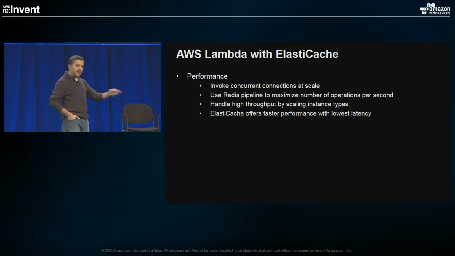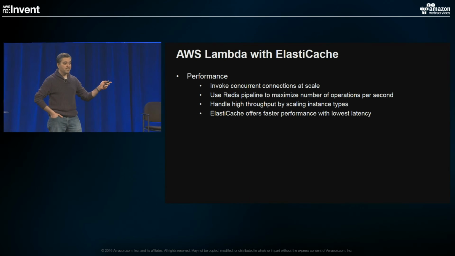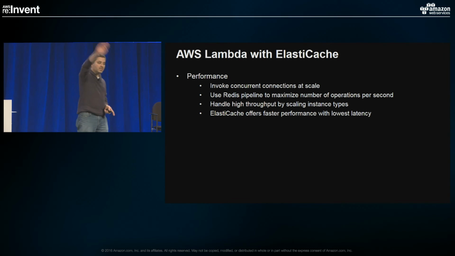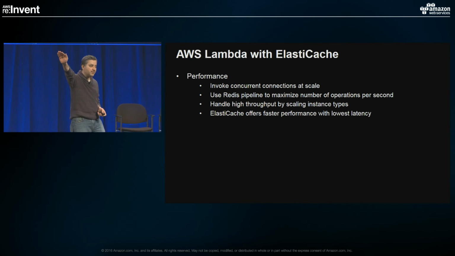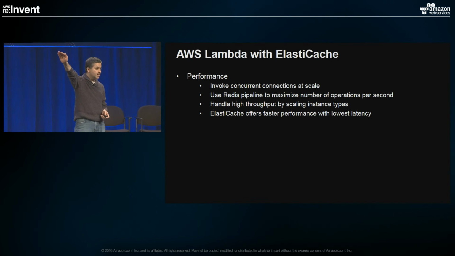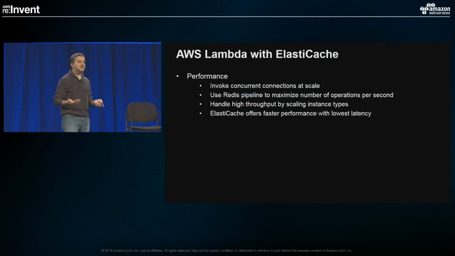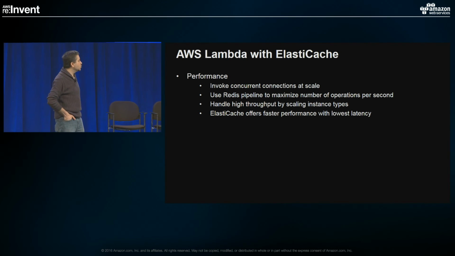Although even a single ElastiCache instance node can support concurrency in the high upper bound of millions of requests per second. But if you are doing that at very large scale, just ensure that you are selecting the appropriate ElastiCache instance for your Lambda function, especially with Lambda functions. It's quite important.